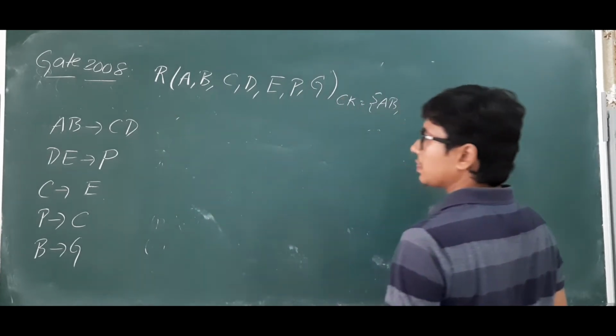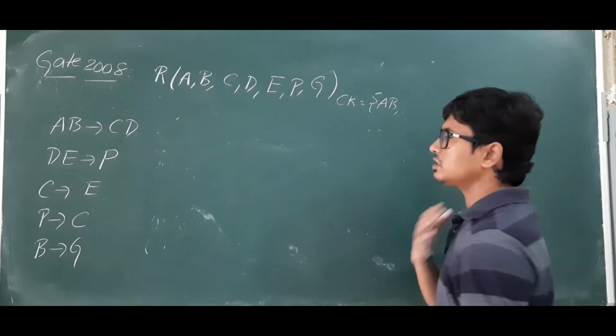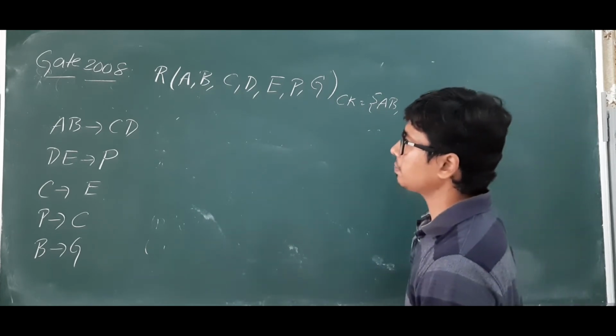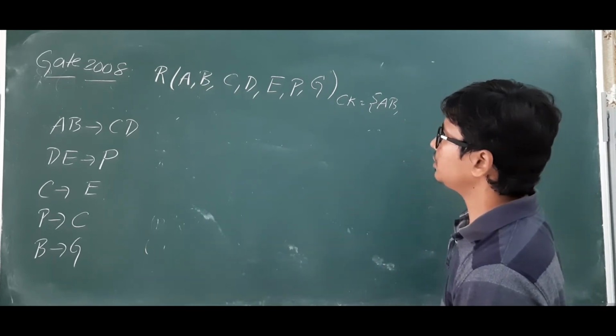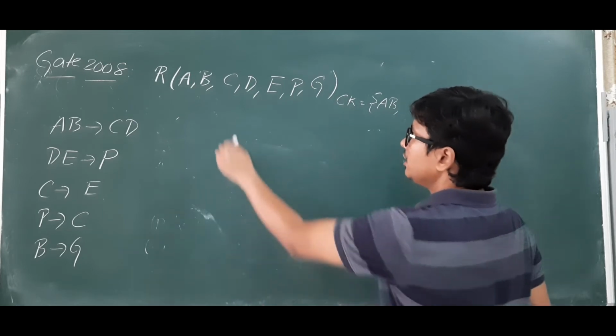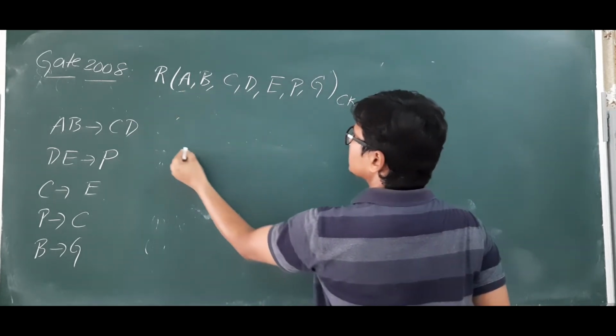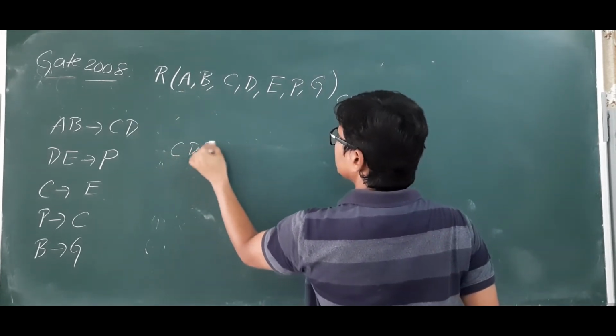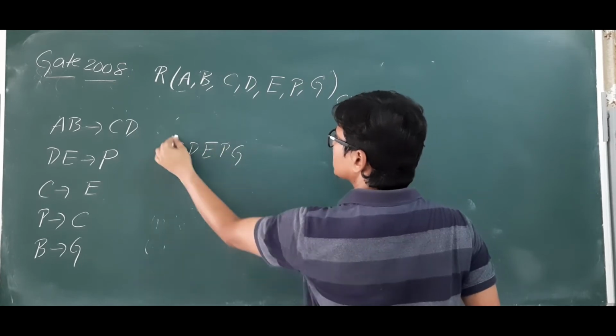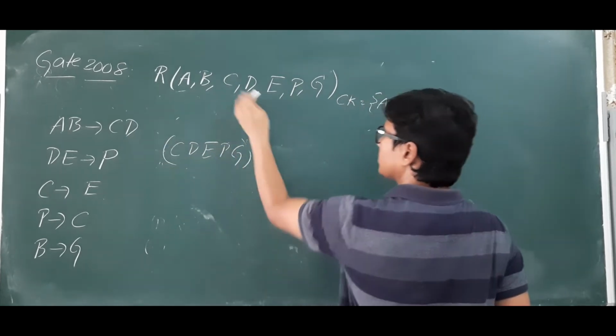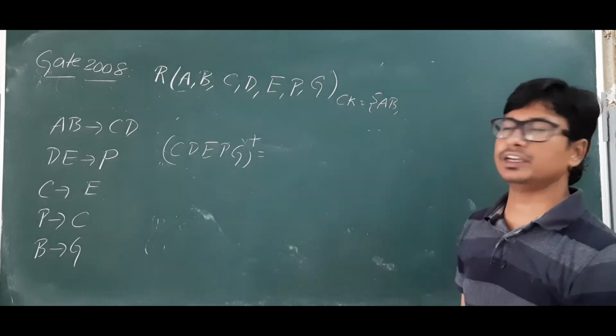Then C closure, D closure, all these things we have checked. Now AB is done. We will check C, D, E, P, G closure, because with the remaining attributes we can find whether there is any candidate key or not.